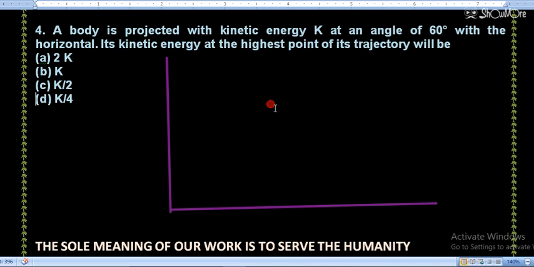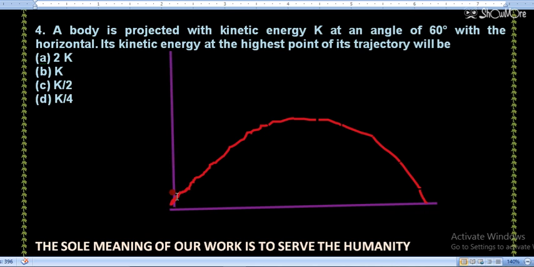If you have listened carefully, then you know about this thing, that if a body is projected along the horizontal in this way, then at the maximum height, which component will be there?